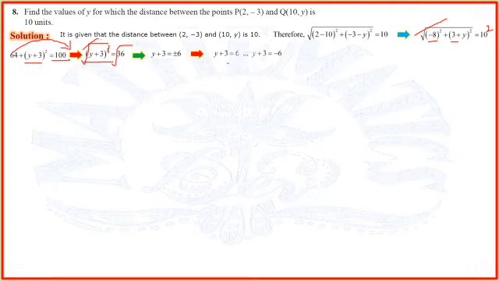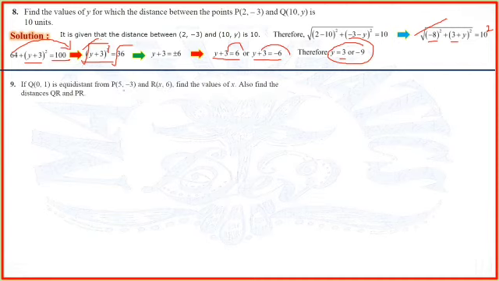So either y plus 3 is equal to plus 6, or y plus 3 is equal to minus 6. Therefore y is equal to 6 minus 3, which is 3, and minus 6 minus 3, which is minus 9. So these are the two values of y which we were looking for.